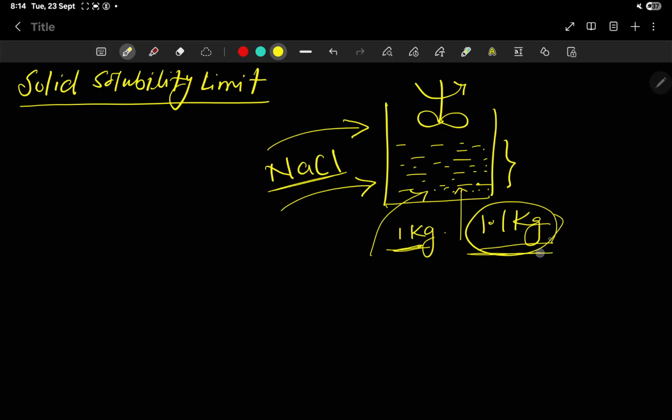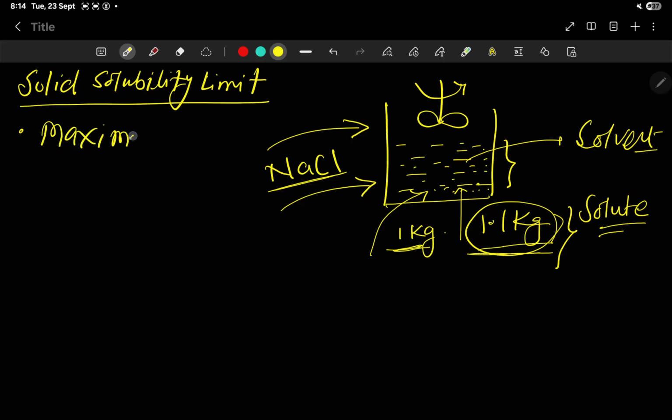So here this NaCl will be the solute, and here water will act as the solvent. So from here we define the solid solubility limit. Solid solubility limit is the maximum concentration of solute atoms which may dissolve in a solvent to form a solid solution.